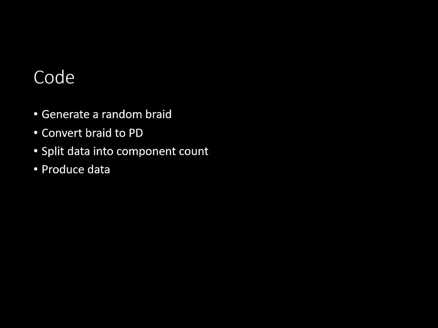So the other link properties didn't come about so easily mathematically, so I had to use computational methods in order to analyse those, such as the Jones polynomial. To do that, I first wrote code to generate a random braid word, as defined earlier. Then I wrote code to convert the braid back to planar diagram notation, which was a class object used in the group project.